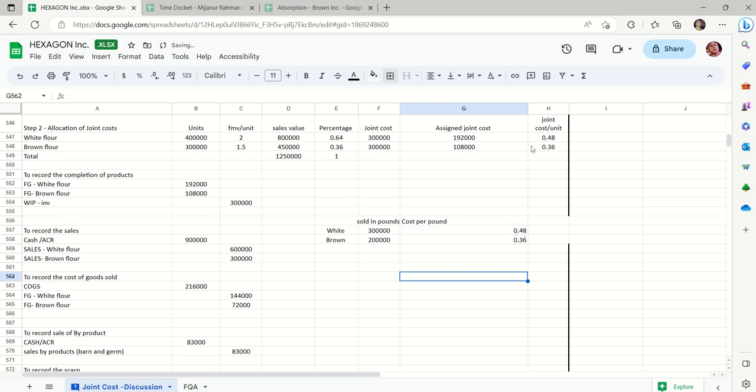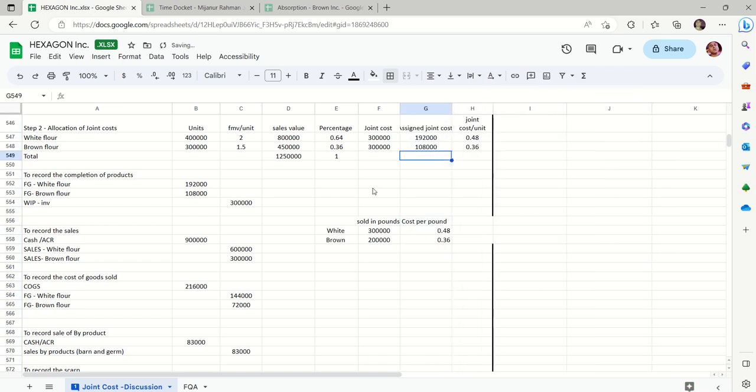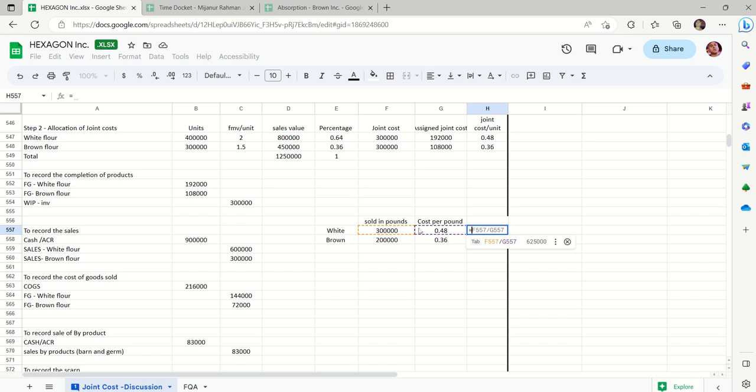Right? So obviously, you're in a business, right? You're there to make money. So now, you sold 300,000 pounds and you have a cost of 48 cents. You just simply multiply this with this to give the cost of goods sold, COGS, right?